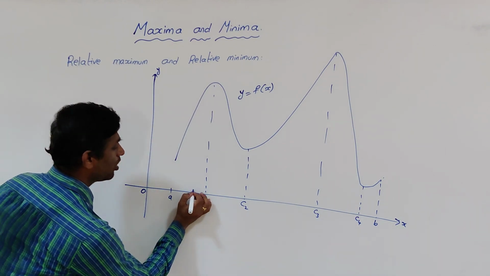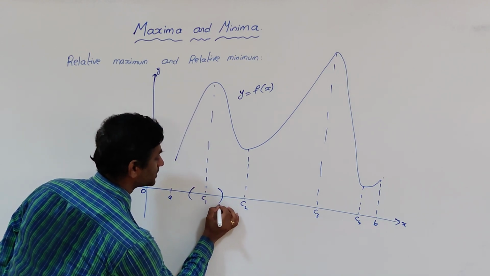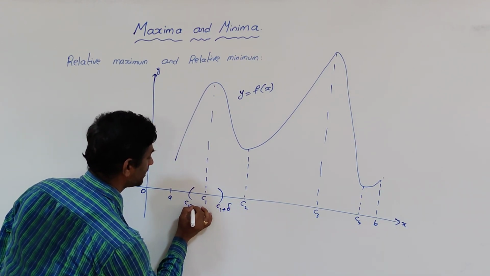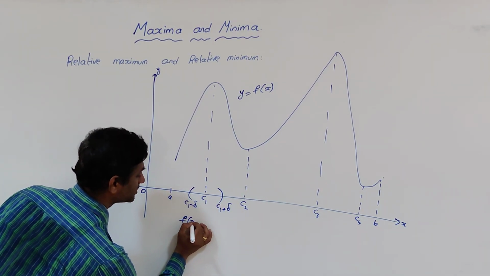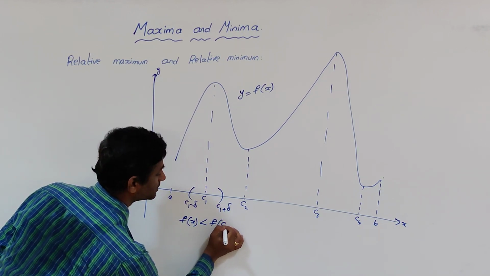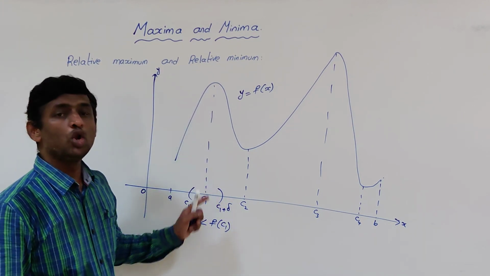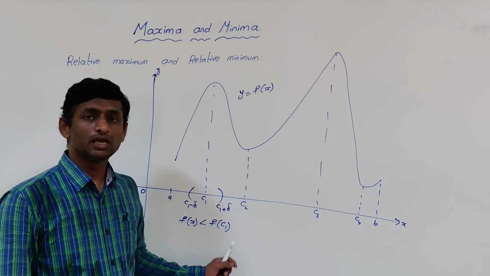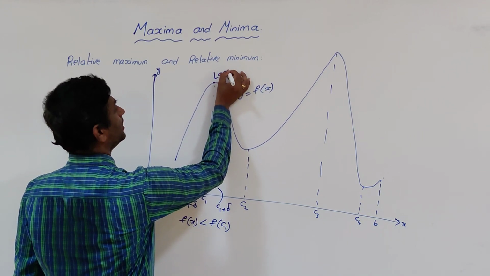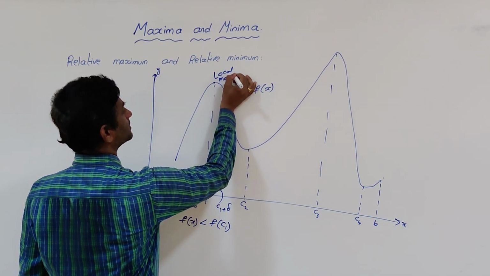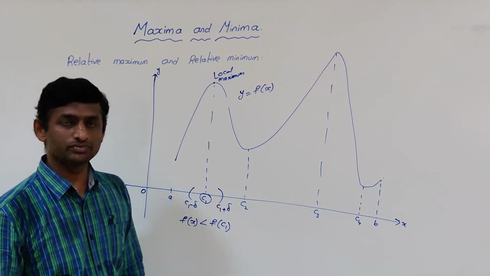If you take a small neighborhood of c1, a small interval with some delta distance, c1 plus delta and c1 minus delta, then in this interval all the values f(x) should be less than f(c1). Then f(c1) is the local maximum, and the point x = c1 is the point of local maximum. So in a small interval, this will be the highest value.